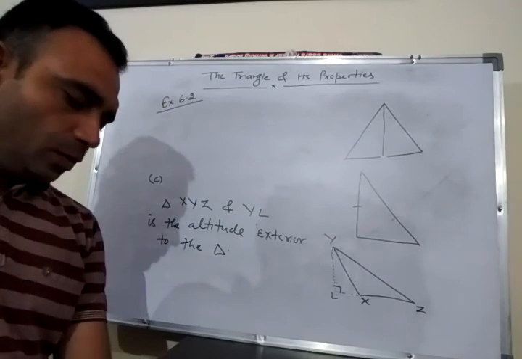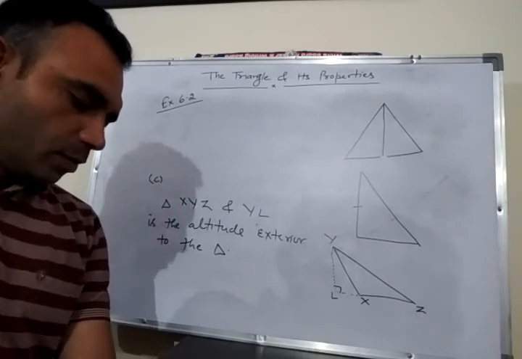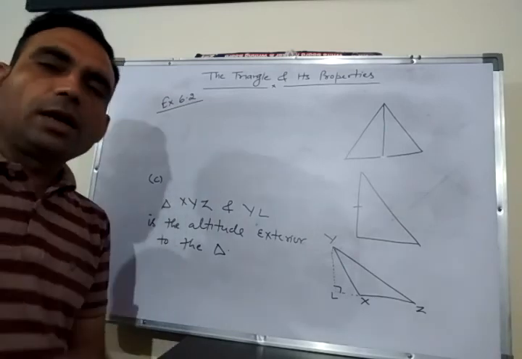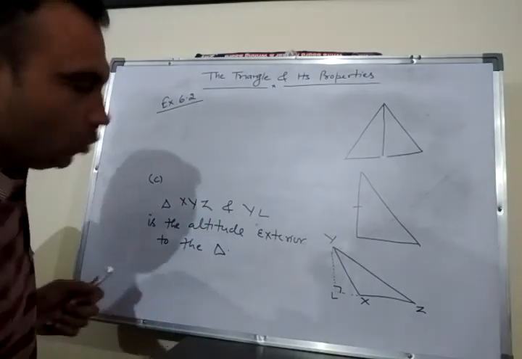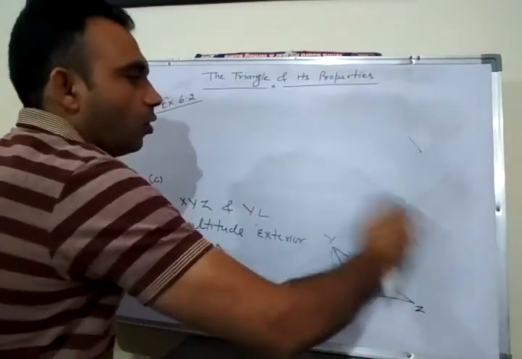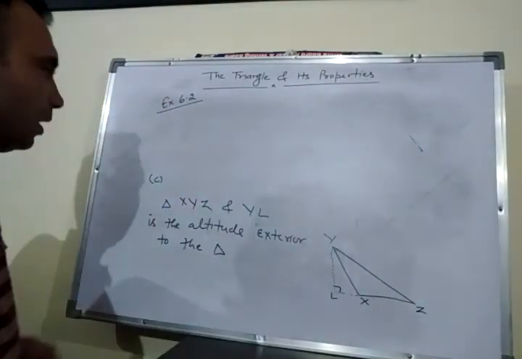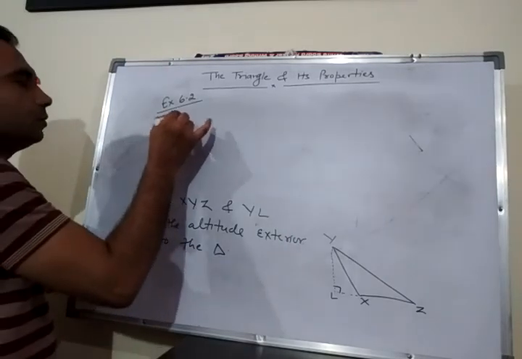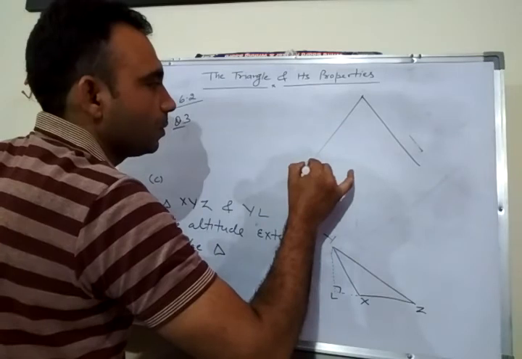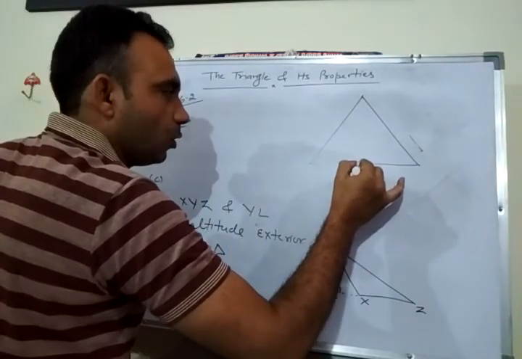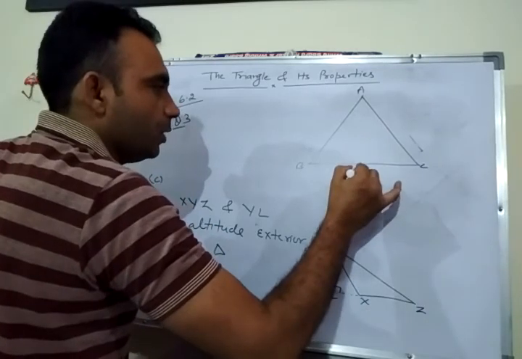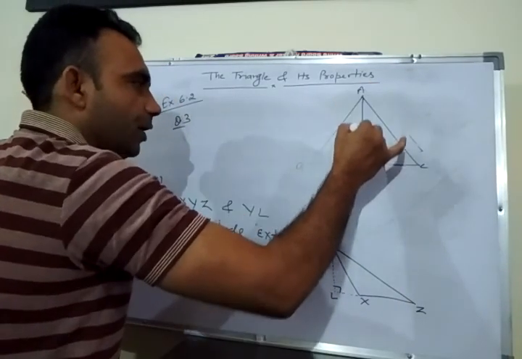In question number 3, verify by drawing a diagram if the median and altitude of an isosceles triangle can be seen. So in question number 3, you will draw an isosceles triangle as we have already stated in the example. Take the midpoint D of BC of triangle ABC and join AD.